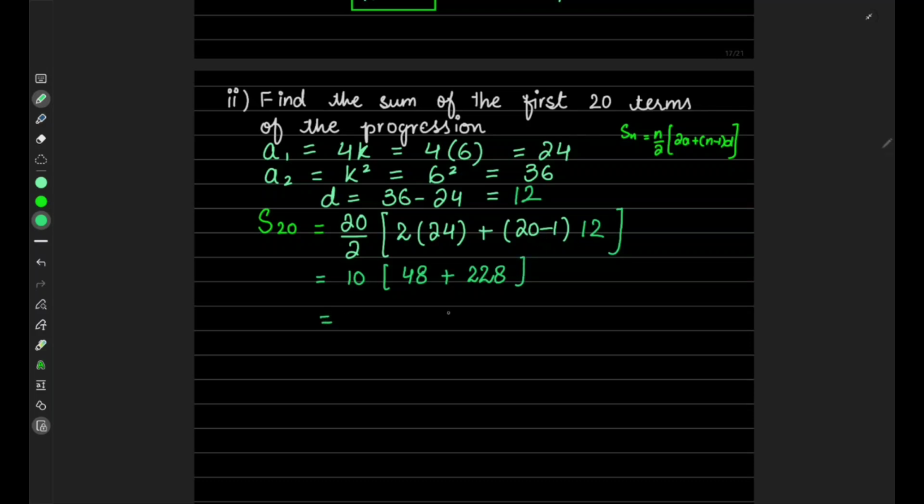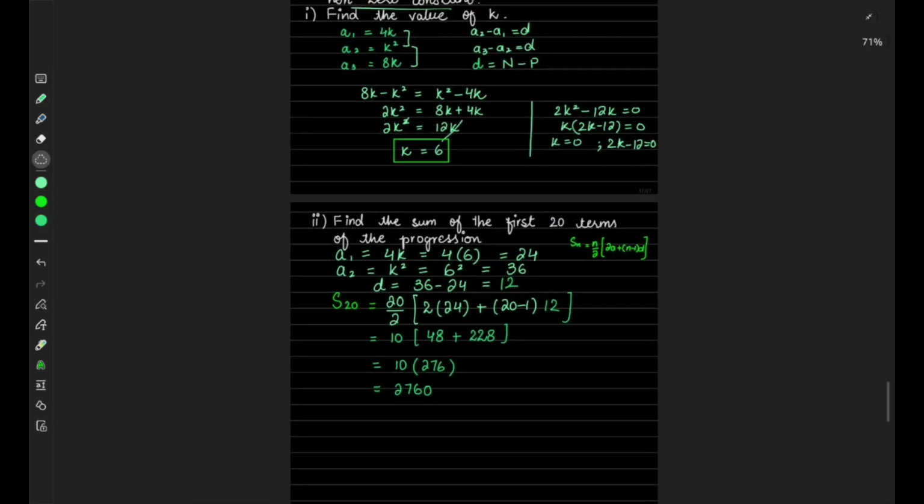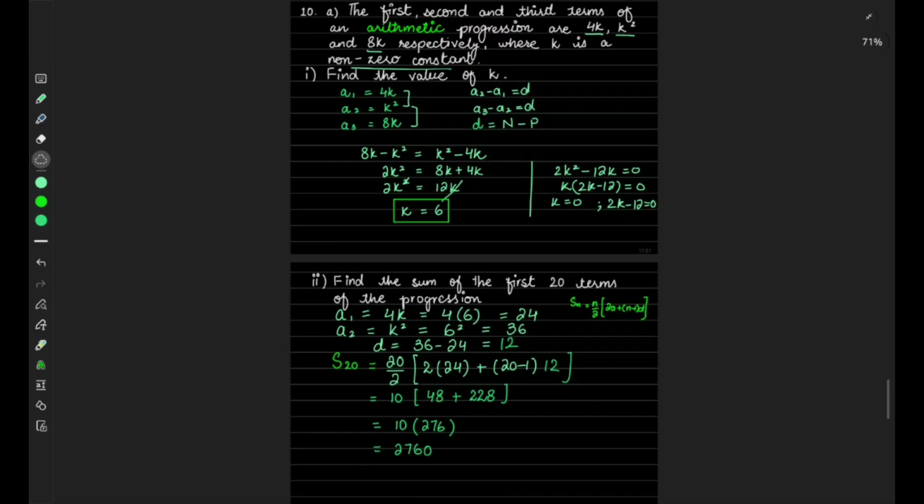Now, 10 times 228 plus 48 plus 48 gives you 276. And 10 times 276 would be 2,760. So yeah, this is your final answer for part 2 of part A, question number 10.